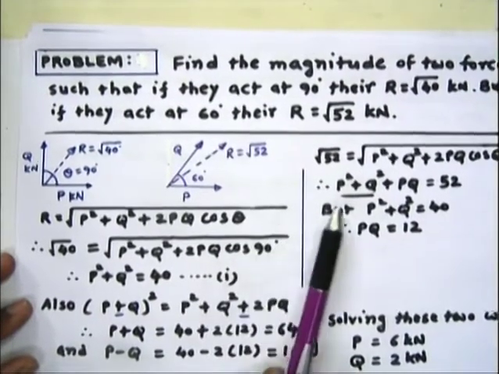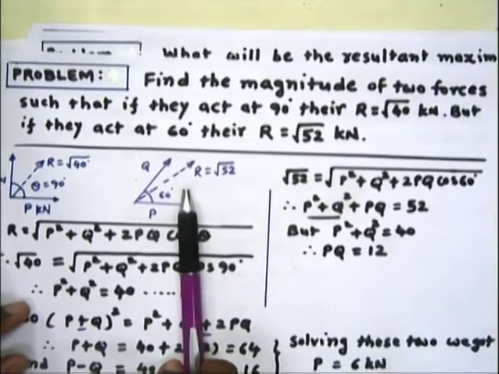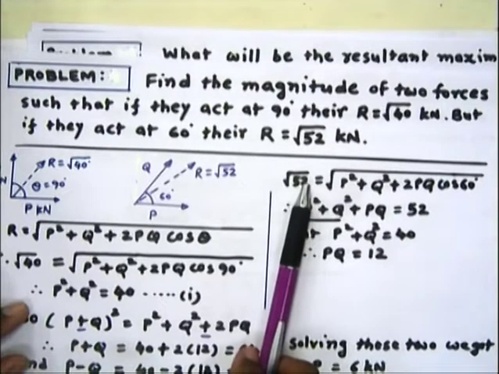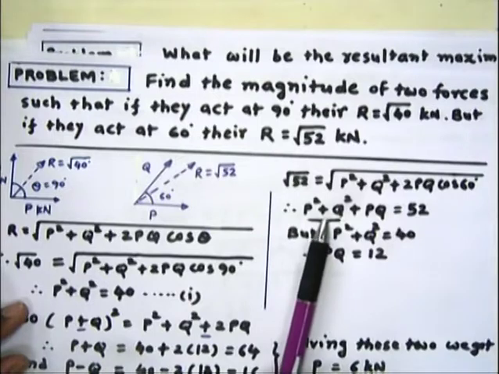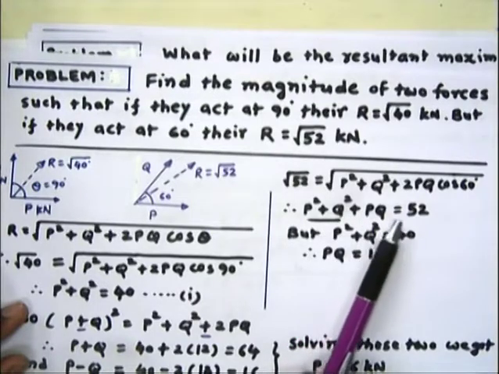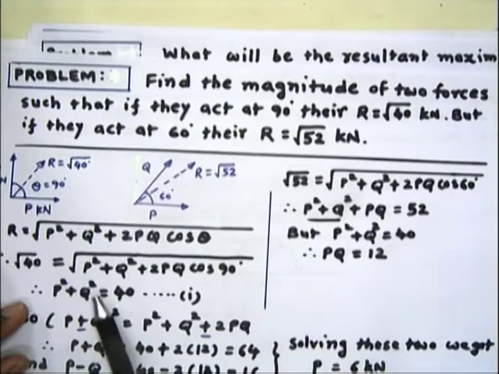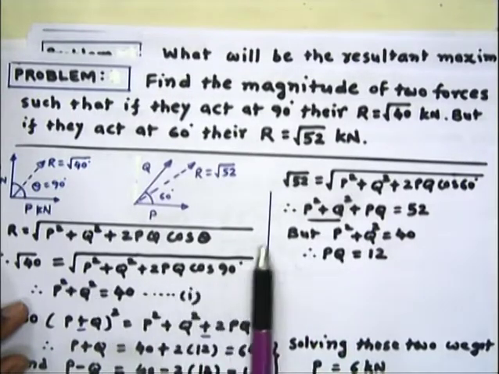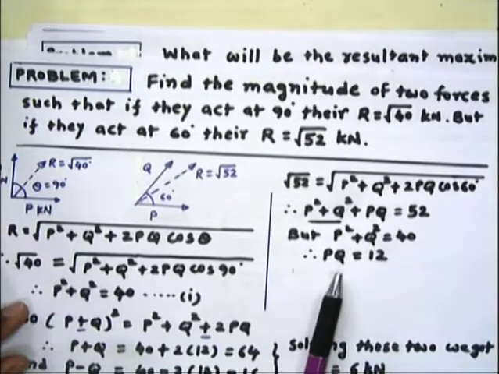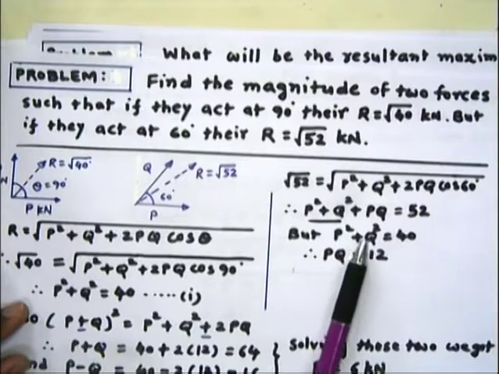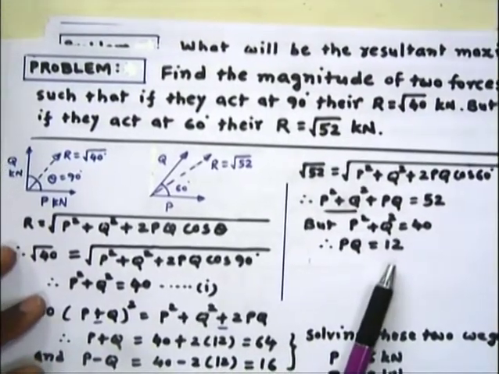And from the second case, for the same two forces P and Q, we can use this formula and put the values. Finally we will get P square plus Q square plus 2PQ is equal to 52, but P square plus Q square we already get as 40 from the first case, so we can put that value in place of P square plus Q square. So we will get the value of PQ here.